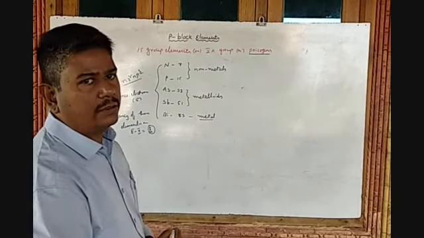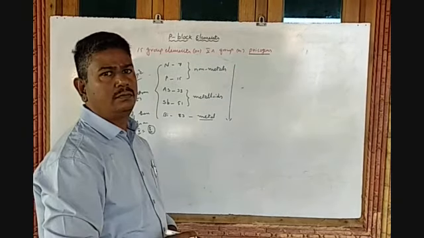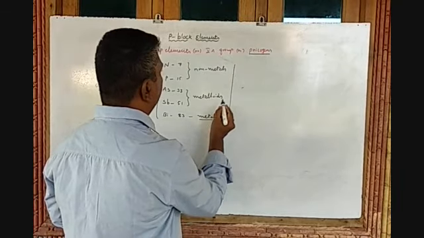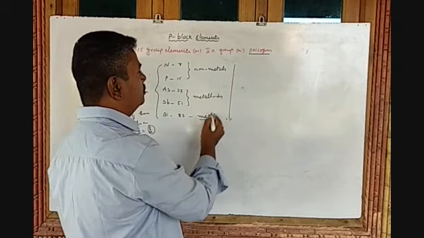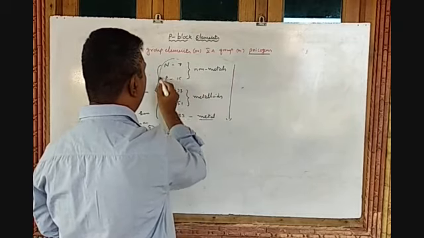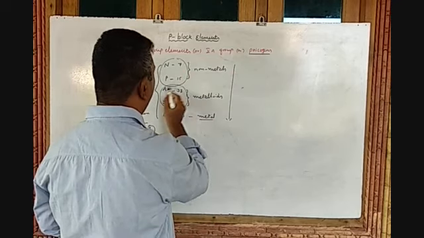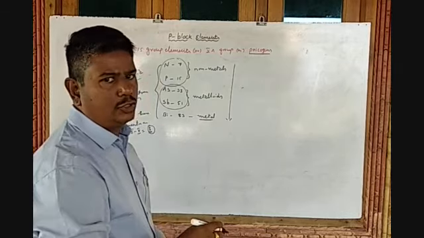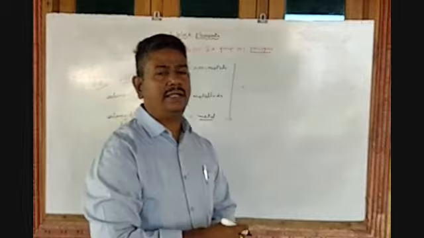So once we observe, while moving from top to bottom, the metallic character gradually increases. So the first 2 elements are non-metals, the next 2 elements are metalloids, and this one is a metal. That means electropositive character increases, whereas electronegative character decreases.